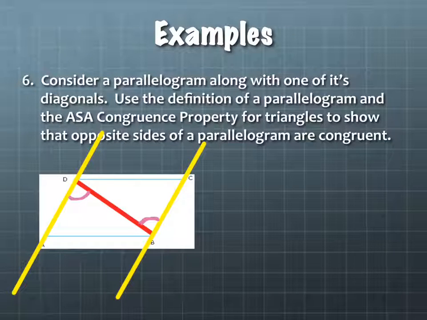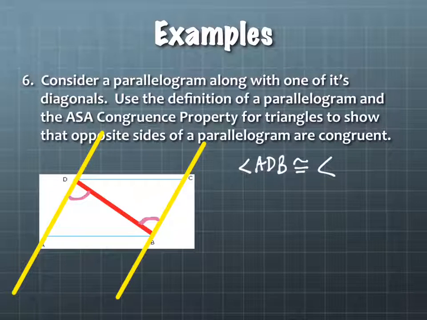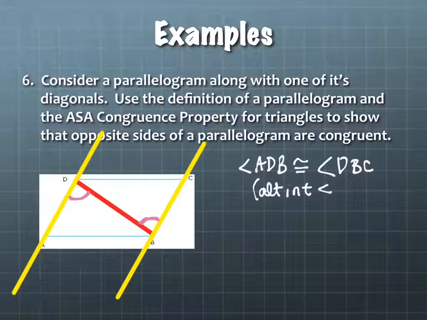So we've got our two angles. Angle ADB is congruent to angle DBC. And when we write down that that's a fact, we need to justify why. And the reason why is because these are alternate interior angles for which set of parallel lines?